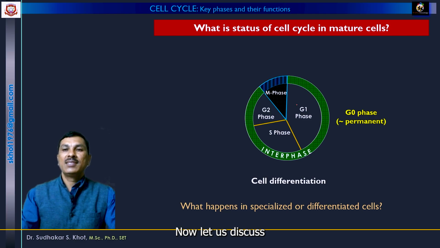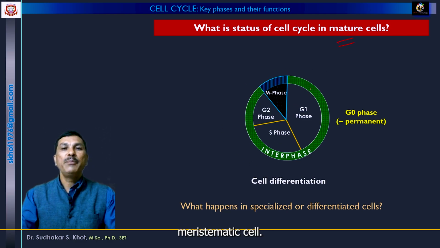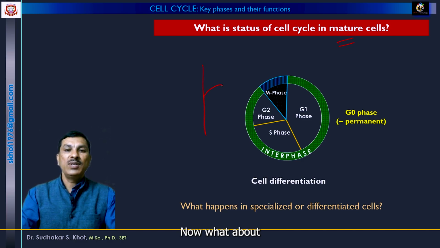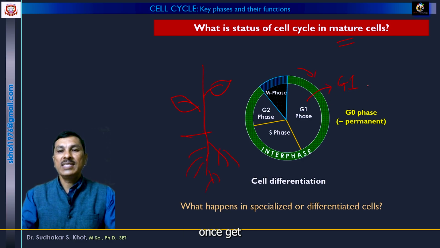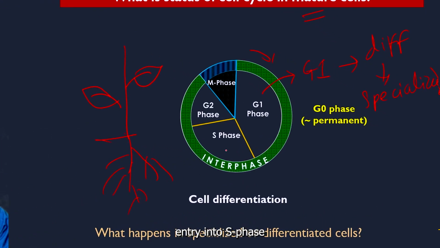Now let us discuss what happens in mature cells. Cell cycle is active in meristematic cells. Now what about the other cells which are matured in the shoot and in the mature leaves? These cells which are entering the mature body are the cells at G1 phase. But once these cells get differentiated or specialized, they will never enter into S phase.